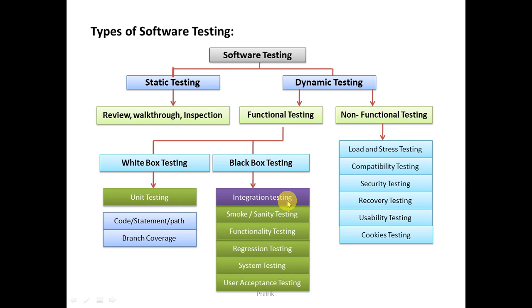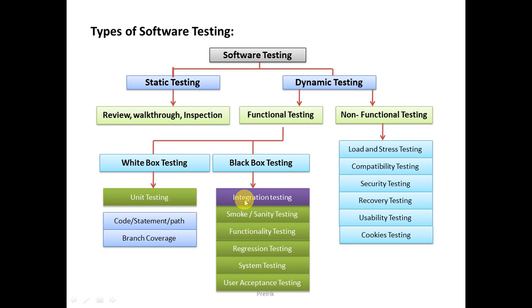Some companies put integration under white box testing, and some companies put it into black box testing. That's why I have kept the background color of this block as purple, because it's not certain that it will come under black box testing only. So if you're taking the reference of this presentation, make sure that you do not stick to the statement that integration testing is part of only black box testing.